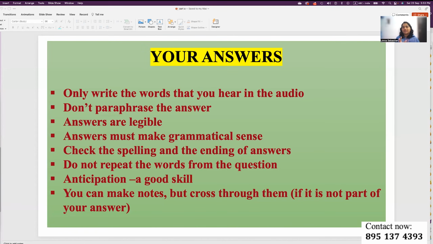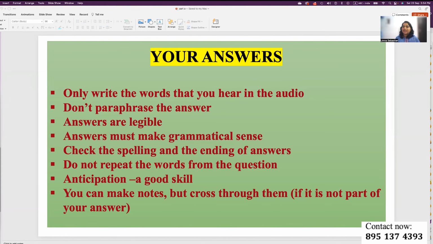Okay, don't write our prediction. Just what you are hearing, the same word you should write. And don't paraphrase the answer. They will paraphrase the questions, everything. You can hear the paraphrased sentences in the audio, but don't paraphrase the answer. Your answer should be what you hear in the audio.